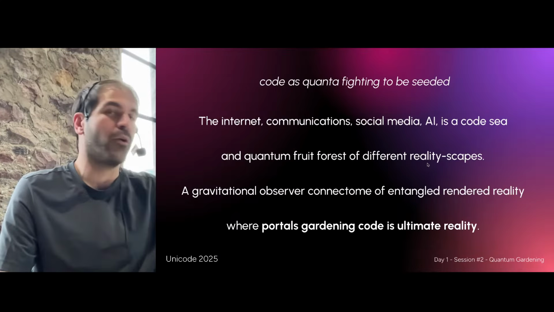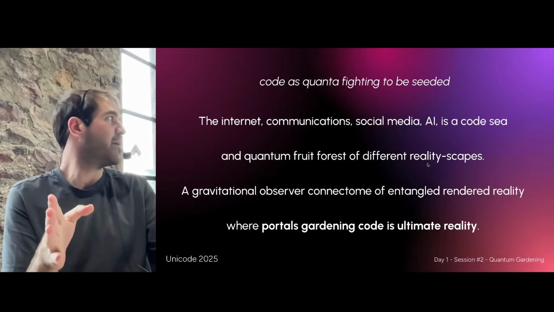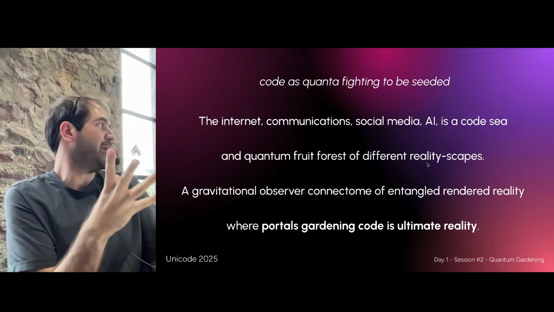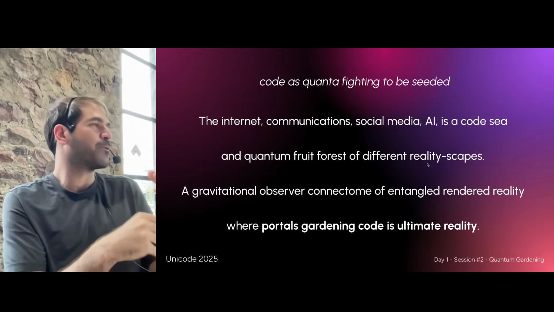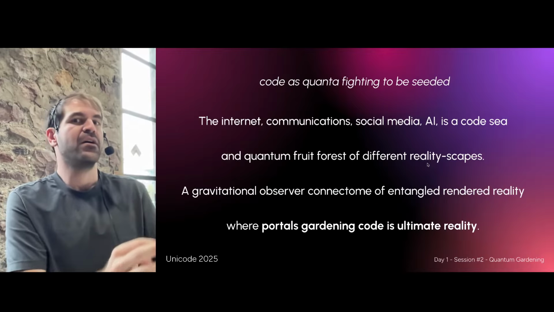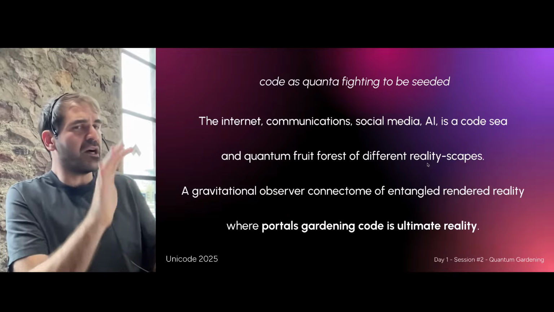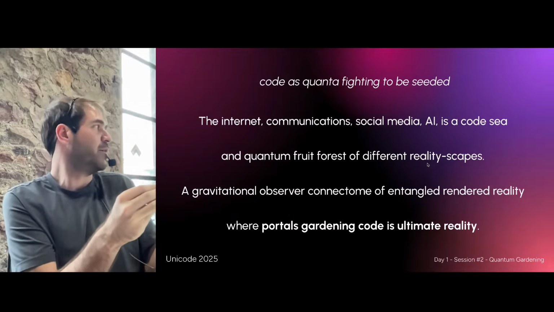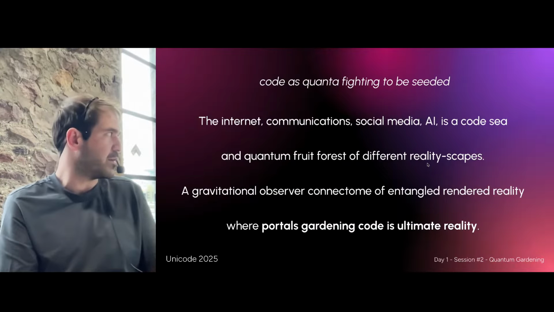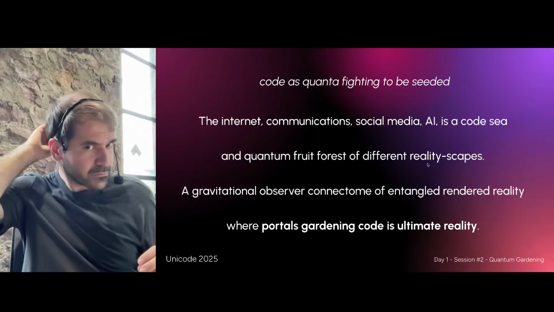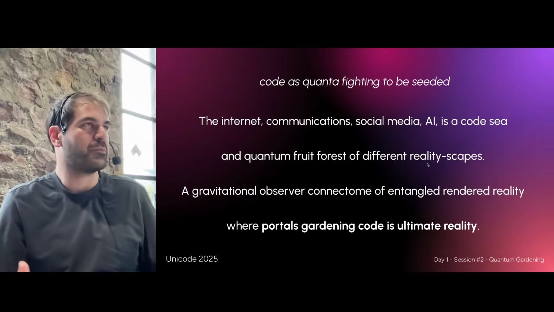Okay. So the internet, communications, social media, AI is a code sea and a quantum fruit forest of different reality-scapes. A gravitational observer connectome of entangled rendered reality where portals, gardening code is ultimate reality.